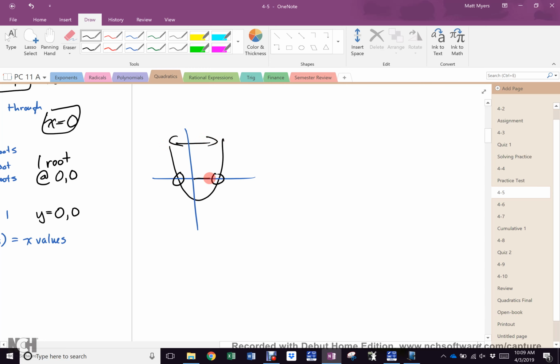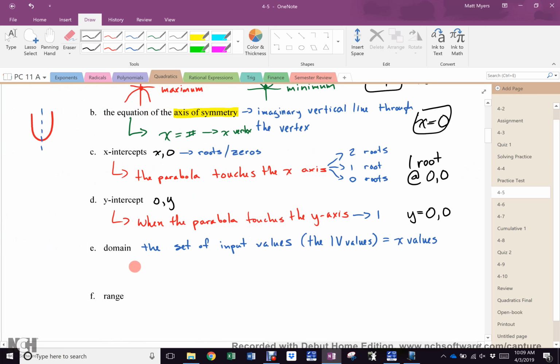So will it cover all of those x's? Till when? Infinity. Will it cover all of those negative x's? Till when? Infinity. So in math class, the domain of a parabola is x, and then you remember that funky e? x is a set of real numbers. Because it is all the x's.